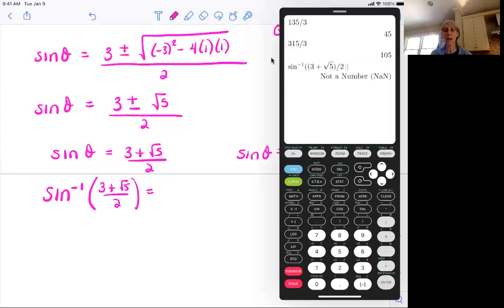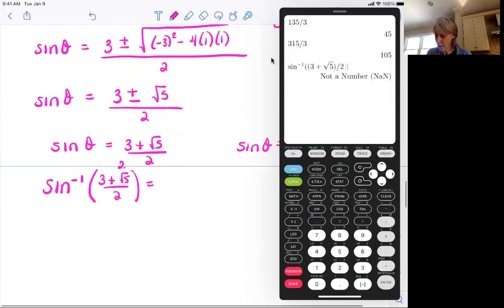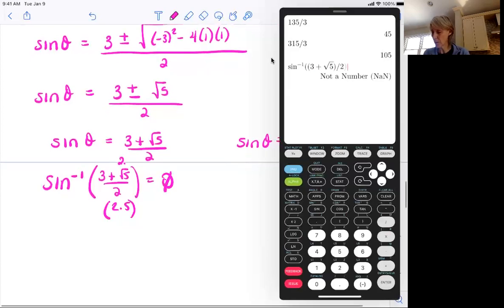And that's going to be not a number. If you think about this, the square root of 5 is 2 point something, so 3 plus 2 is 5, and 5 divided by 2 is approximately 2.5. We actually could have got the number before we did this, but this is going to be no solution.